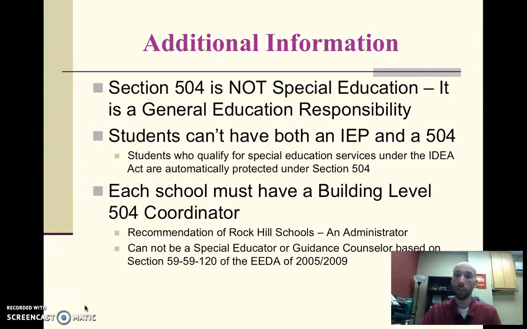As a result, the only way that I think that really will impact most of us is in regards to the testing room. ESE, the Exceptional Student Education Department, has a testing room available. Unfortunately, for 504 students, the only ones that can go there are ones that have oral accommodations. Those students that have alternate location or small group, those need to be taken care of by the general education teacher.